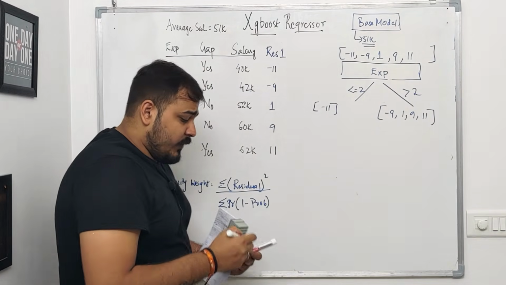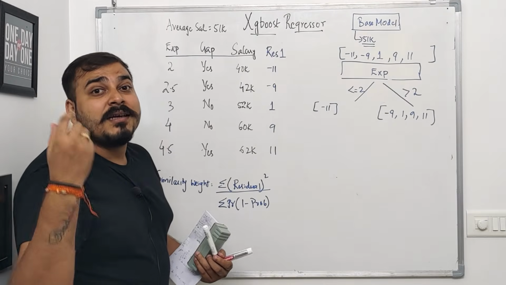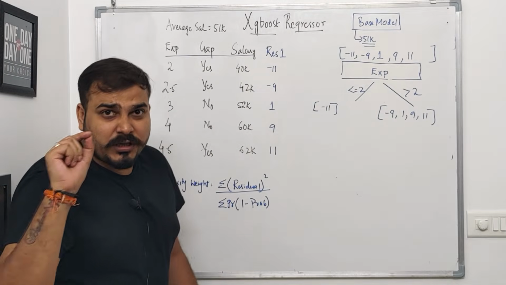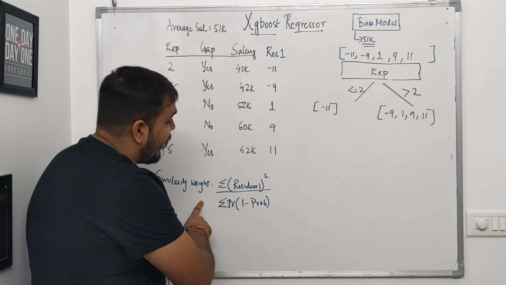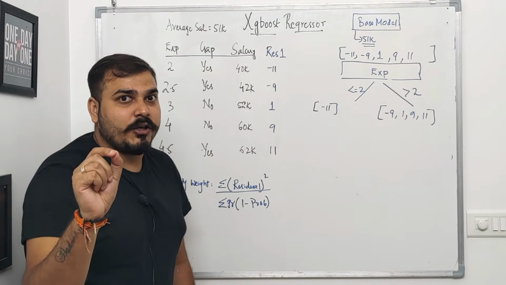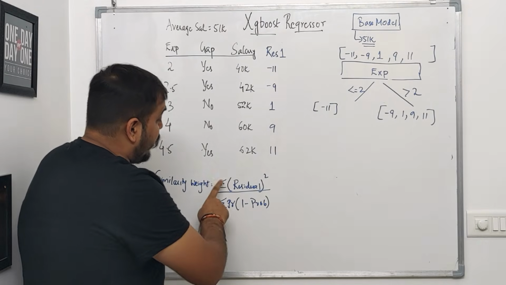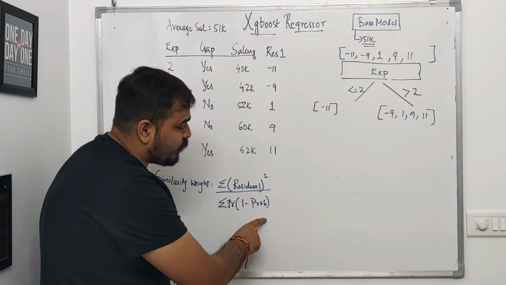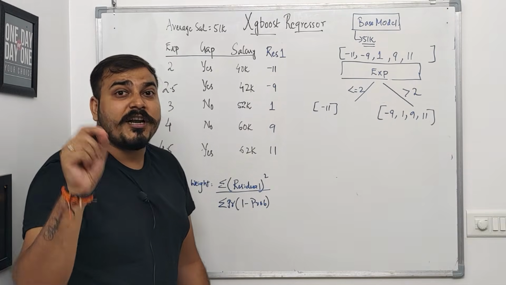Now in the second step, we basically calculate something called similarity weight. If you remember, in the XGBoost classifier, the similarity weight was defined as the summation of residual square, again I am telling you, classifier: summation of residual square divided by summation of probability times 1 minus probability, and this probability used to be 0.5.